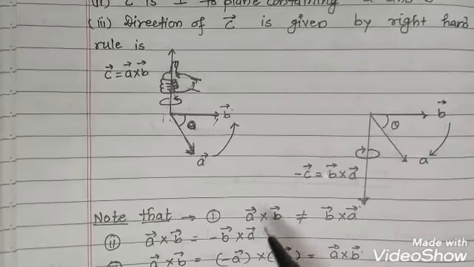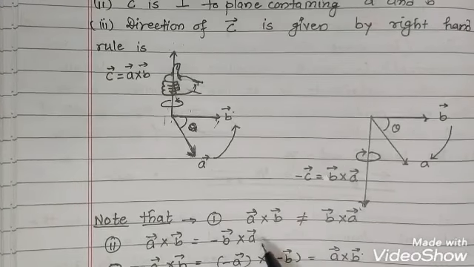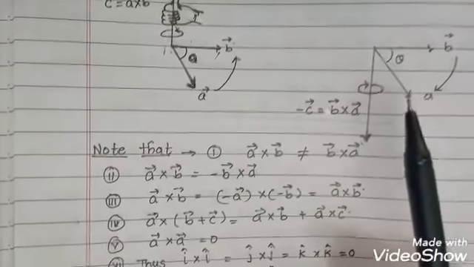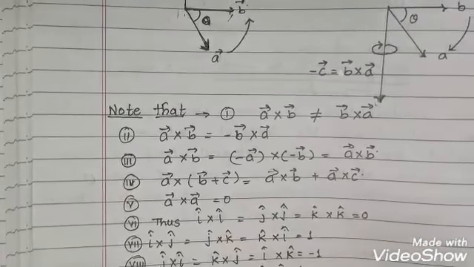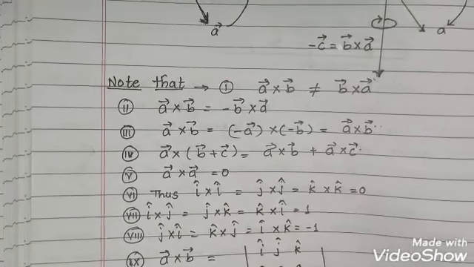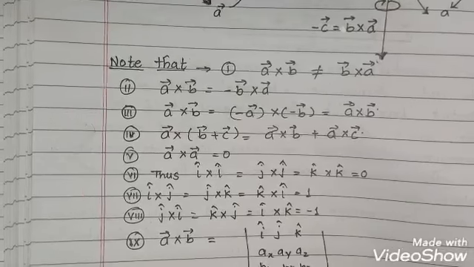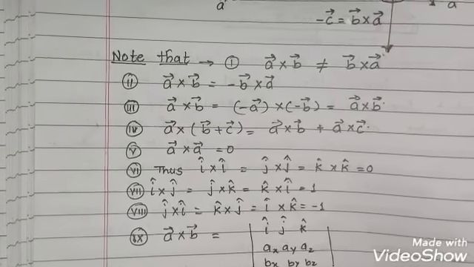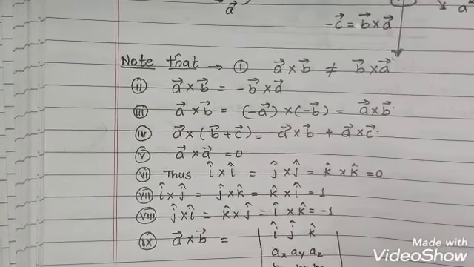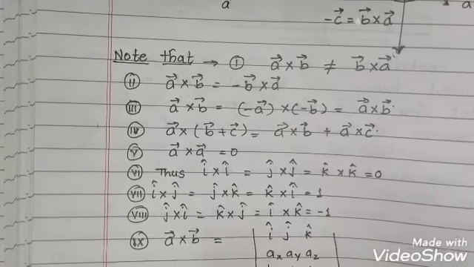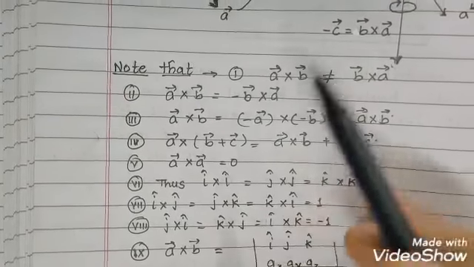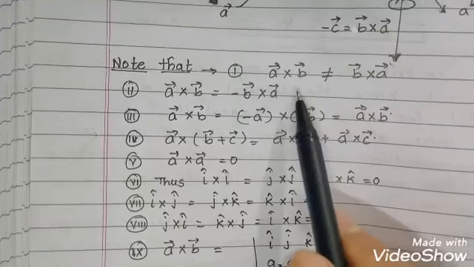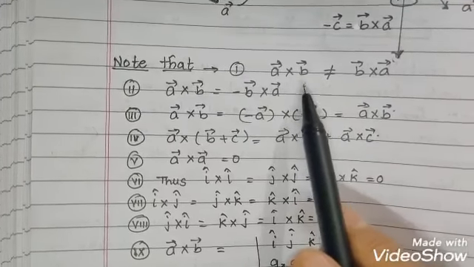Now the very important part of vectors: we have seen the commutative rules. In the case of the scalar product, the commutative rule is followed, but the cross product or vector product will not follow the commutative rule.